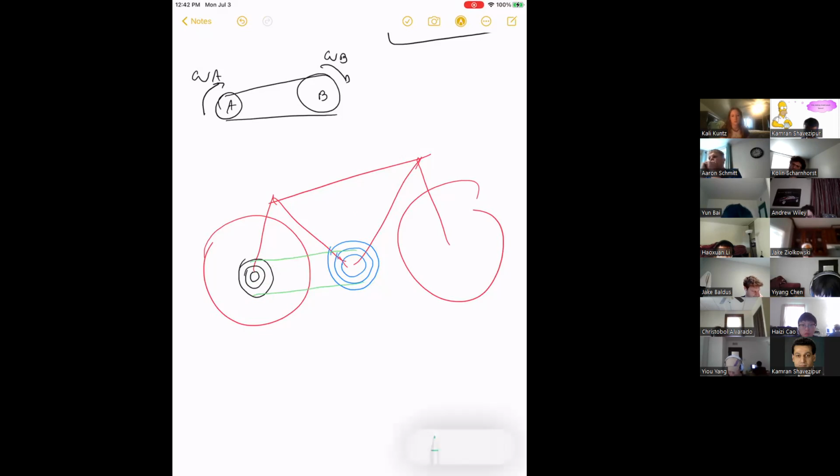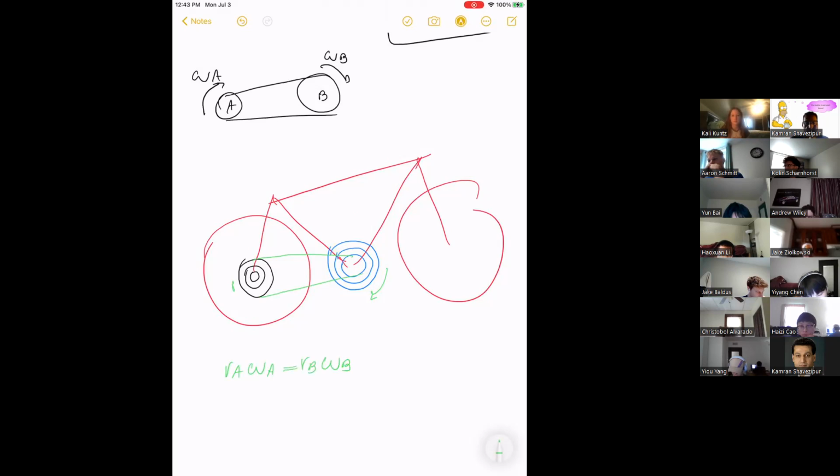If you go from small up front to big in the back, you get a bigger omega here than there, right? That's how you adjust your pedaling speed, and based on that, you can provide more or less power. But it's the same thing: RA omega A is RB omega B. And if you keep going with other gears or pulleys, this is going to continue, right?